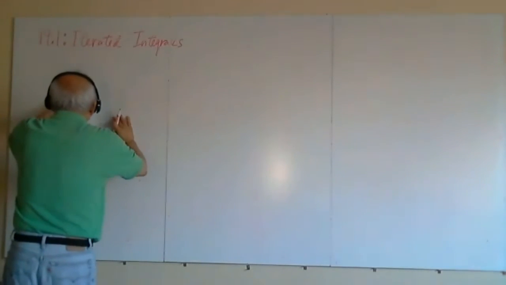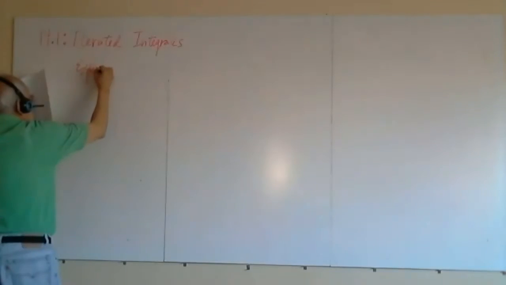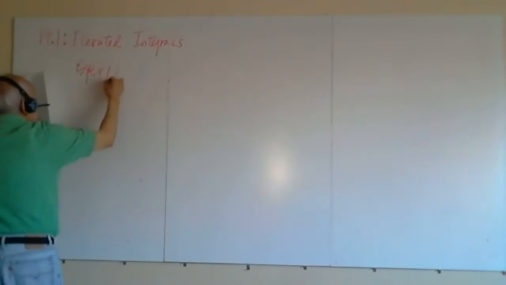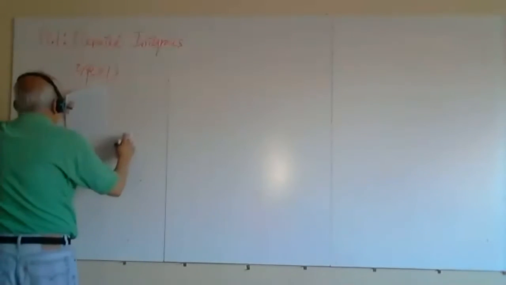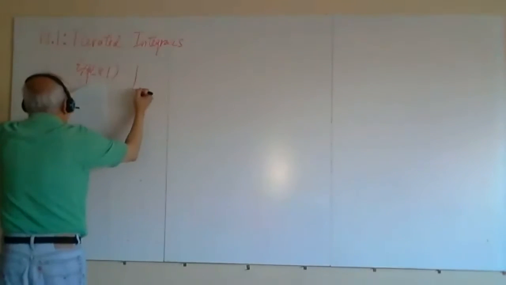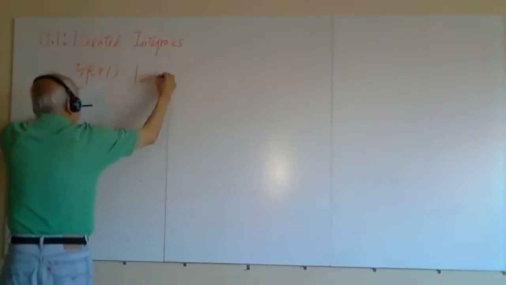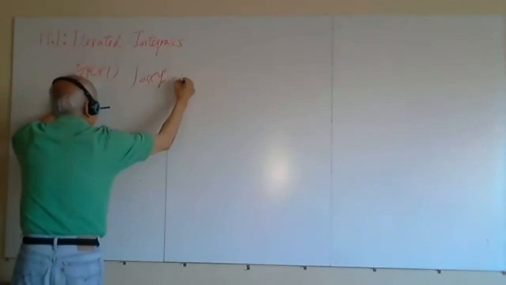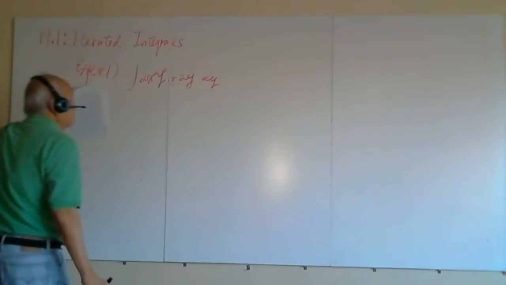So let's go for example number 1. Example number 1, again, is this kind of gentle introduction. It says, can you evaluate the integral of 2x squared y squared plus 2y, dy? Well, it's very simple, am I correct?